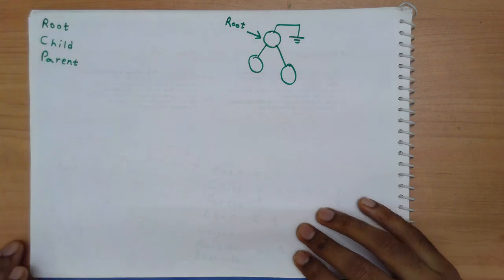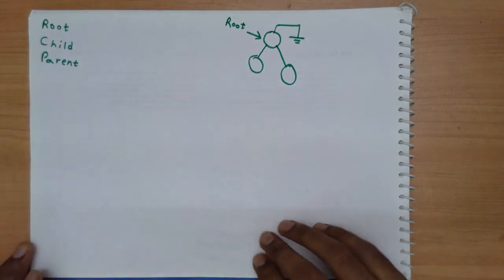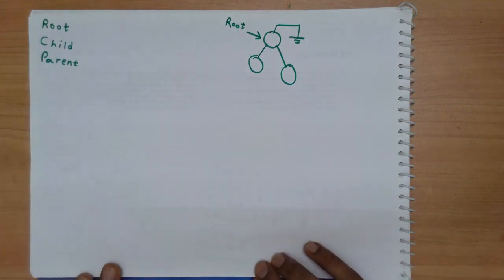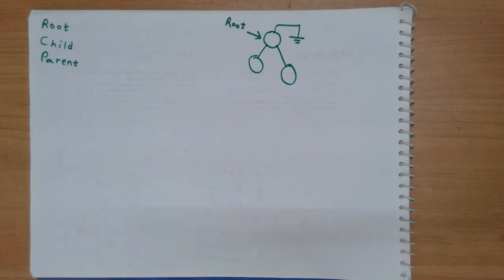When we build our tree, if you remember the definition that we had talked about, a tree can be an empty tree, a tree can be a single node tree, or you can create a new tree by taking two existing trees and introducing a new node such that this new node becomes the parent of these two trees.